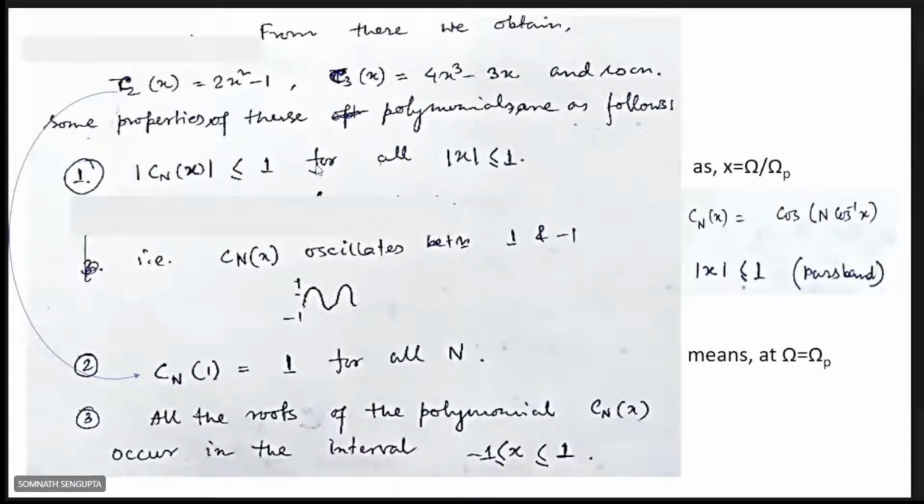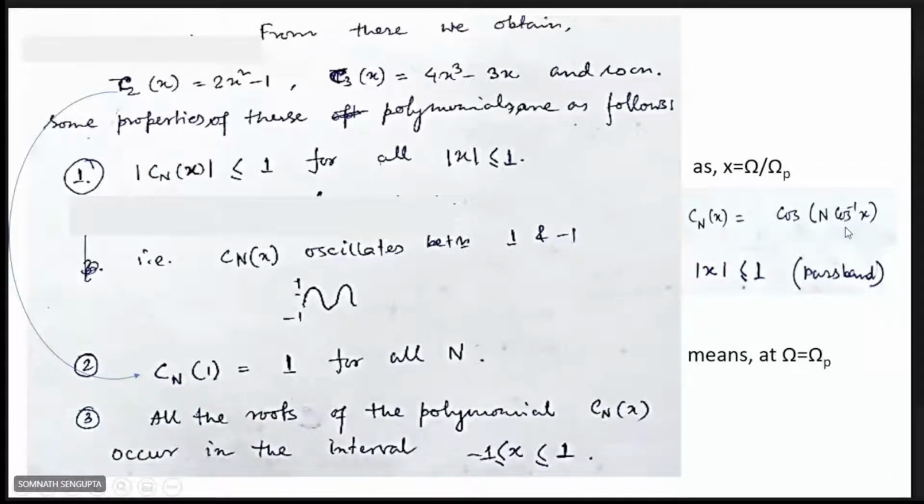The formula for Cn is Cn(x) equal to cos of n cos inverse x. So x is 0, that means cos inverse 0, which is pi by 2.